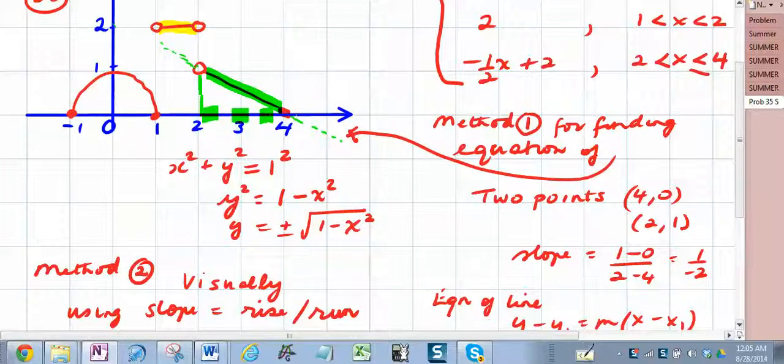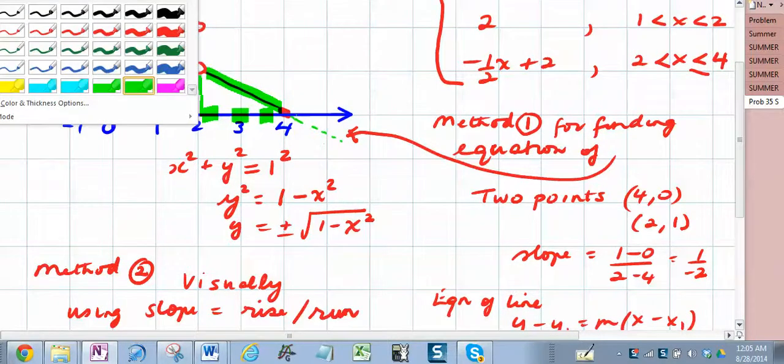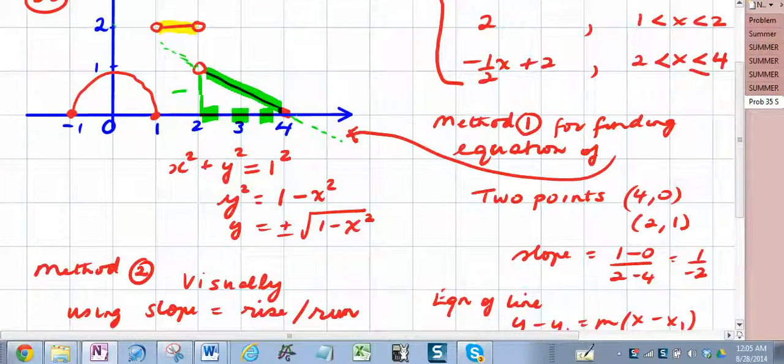So let's mark that on my diagram. The rise is negative 1, because we always go from left to right. Okay, so going left to right, if I start at this point and I go left to right, the so-called rise is a drop of negative 1, and the run is positive 2.